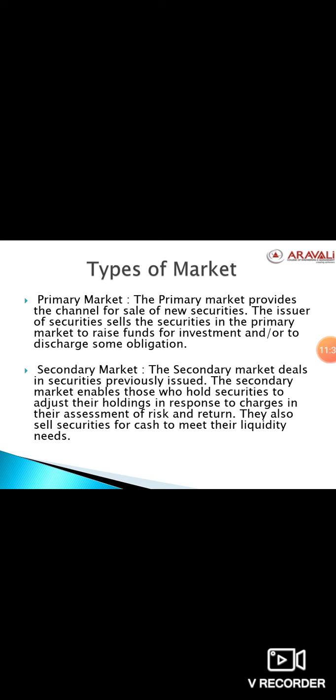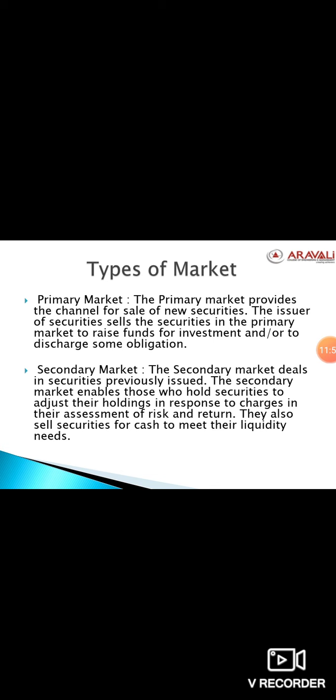The primary market provides the channel for sale of new securities. The issuer of securities sells the securities in the primary market to raise funds for investment and to discharge some obligation. Secondary market. The secondary market deals in securities previously issued.